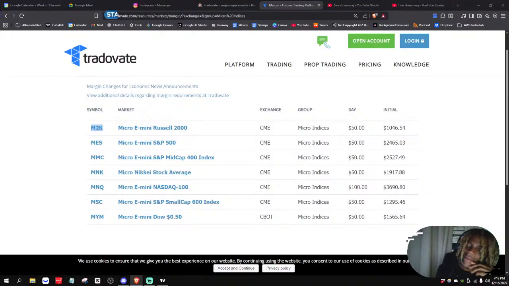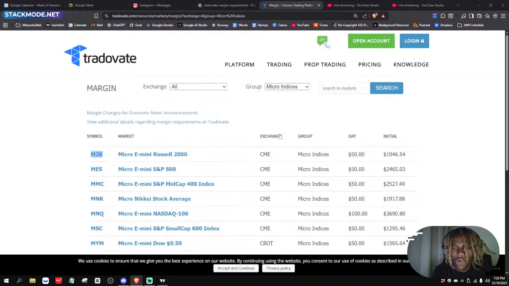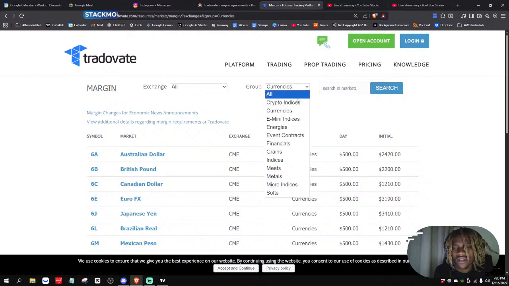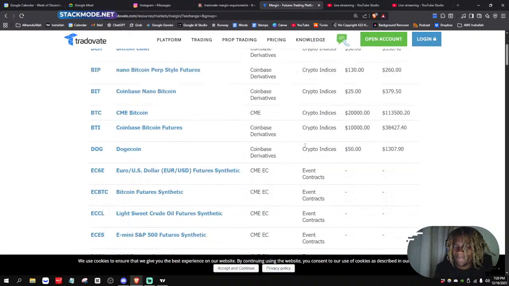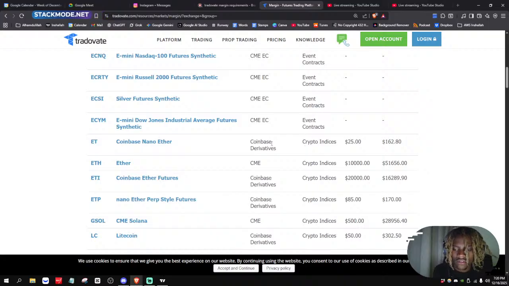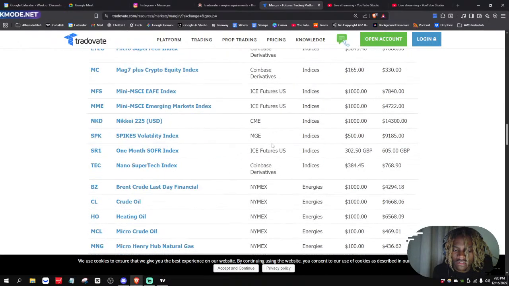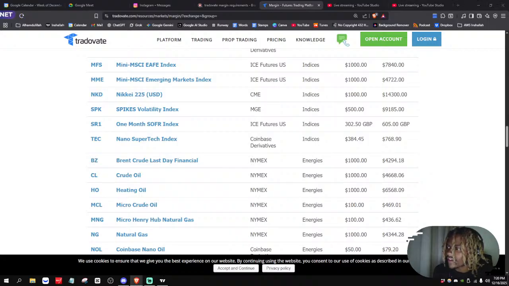So far we should have the MYM, the MBT for the micro Bitcoin, the M2K for the micro E-mini Russell. And then your liquidity on these, and then we also are going to have the TC.